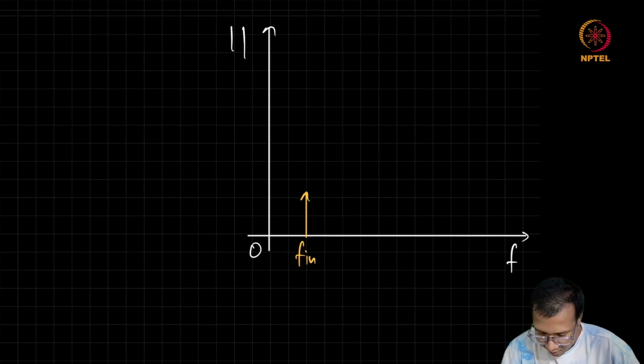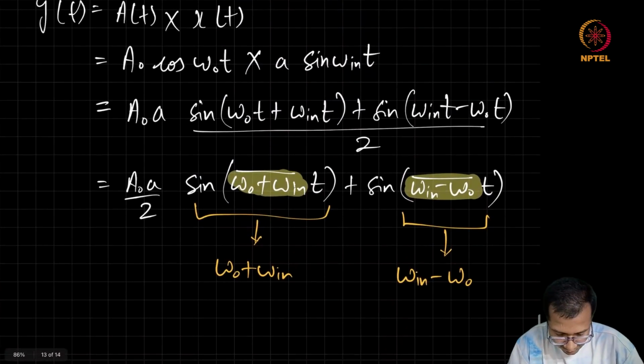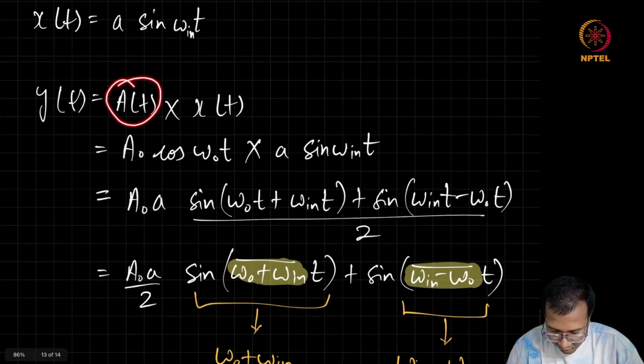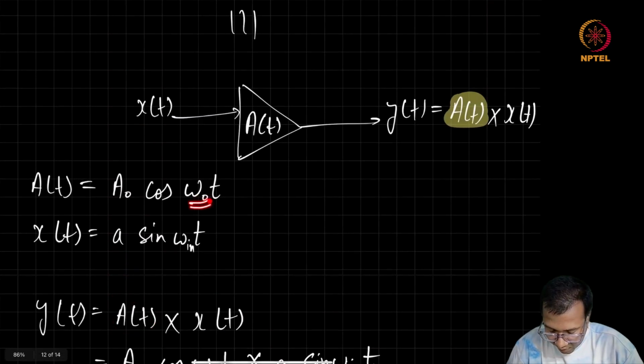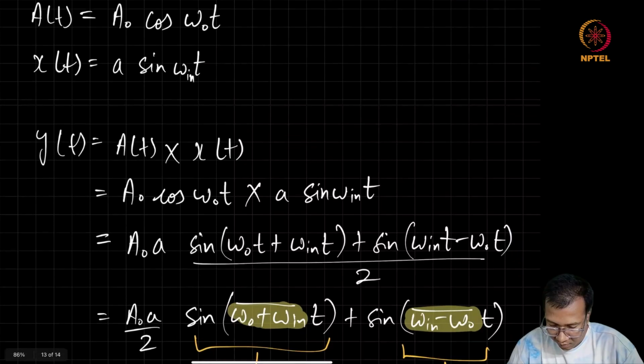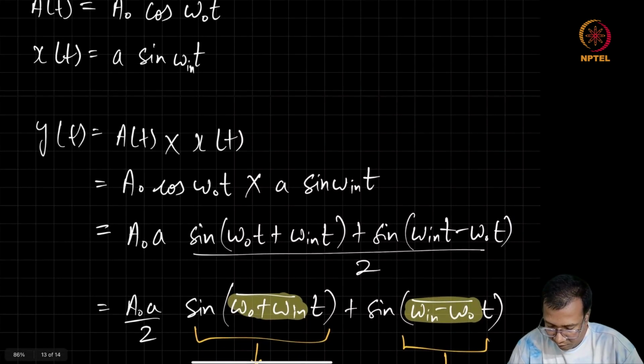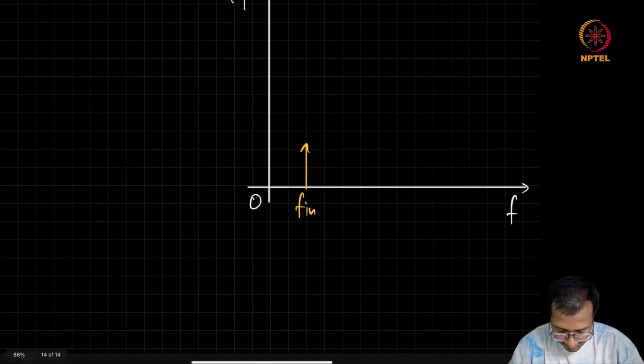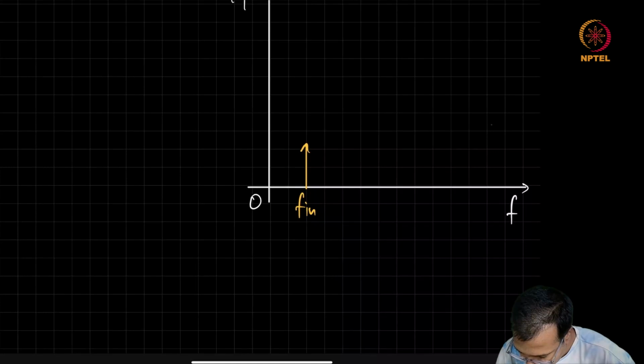And let's say the frequency of this time varying gain, which is this omega naught, and correspondingly for this angular frequency there is the frequency f naught associated. So let me assume that that is here at frequency f naught.